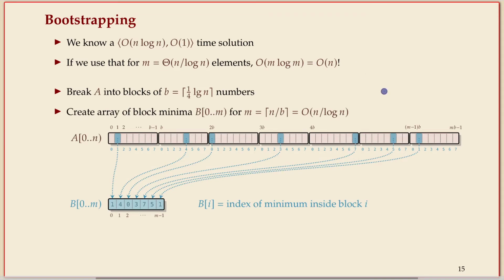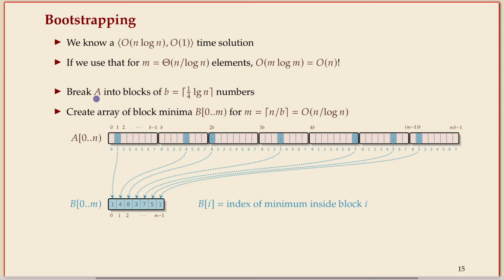So here's an example how this works. And I want to point out that the size of these blocks is chosen so that the rest works out. For now, you could have chosen any constant in front of the log n. But it will become important on the next slide that these blocks are not too big.